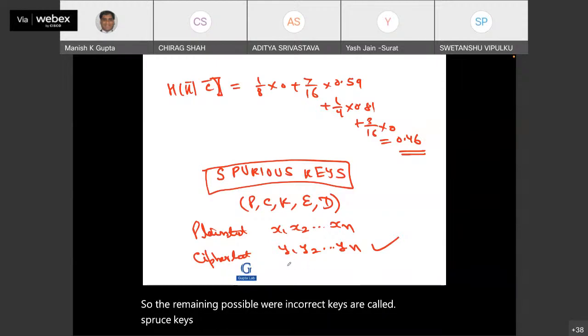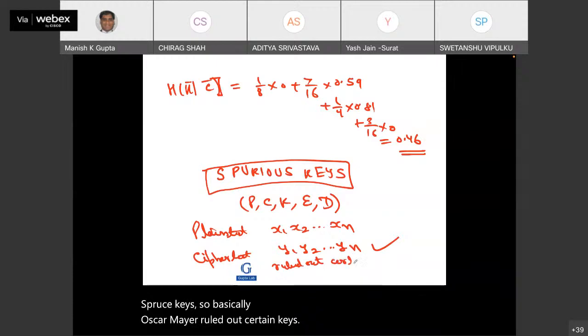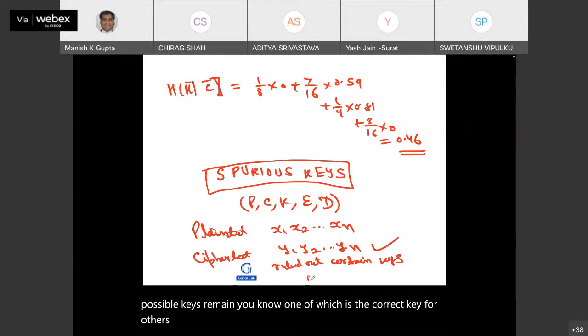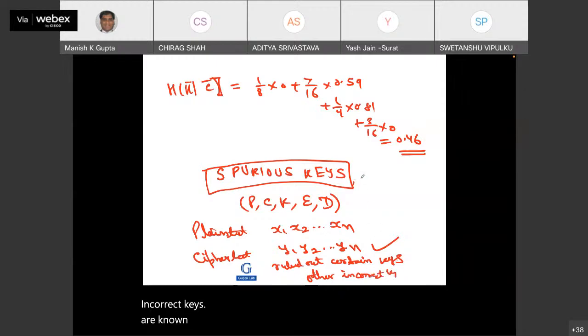So basically, from the ciphertext, suppose you rule out certain keys, but many possible keys remain, one of which is the correct key. The other incorrect keys are known as spurious keys. Let me give you an example here.